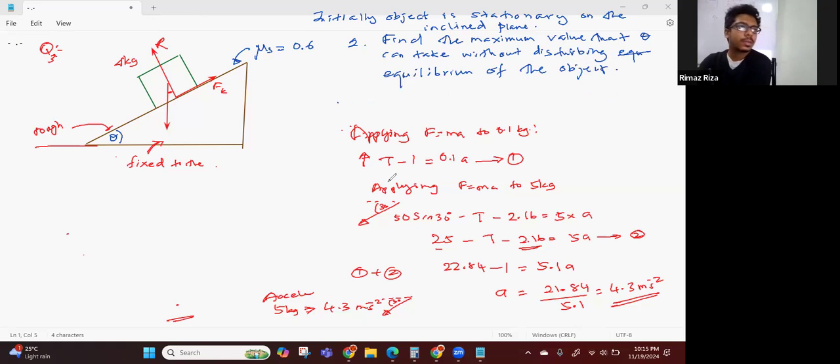Okay. So initially the object is stationary on the inclined plane. So you want to find the maximum value of theta without disturbing the equilibrium.